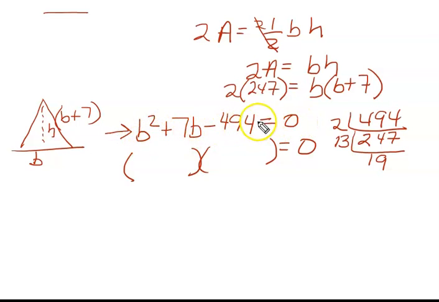Now it's a matter of factoring. This is going to be a b and a b. But what are the factors of 494 that have a difference of 7? Well, I set up my little factoring tree over here. 2 goes into there, and I get 247 again. Then I have to find factors. This was a challenge. This is not even, so you can't take out 2.